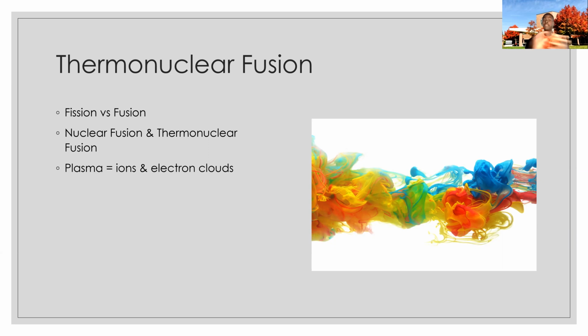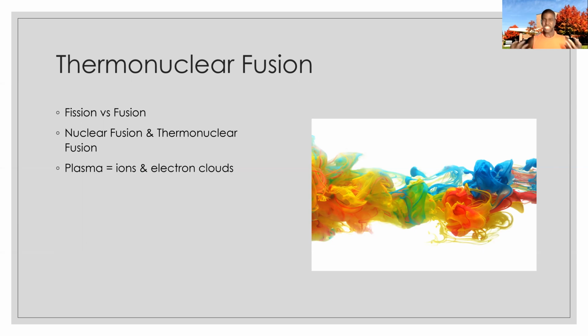So nuclei fuse together, thermonuclear fusion, same thing, but this time it's where temperatures evolve to cause those 2 molecules or atoms to fuse together. Also, another interesting word that came up, and you may have seen in other science classes or hard science classes, plasma.